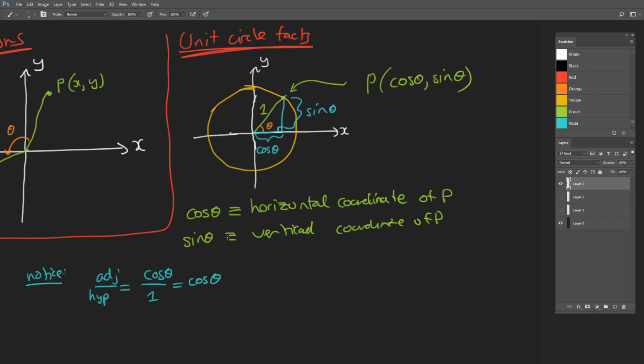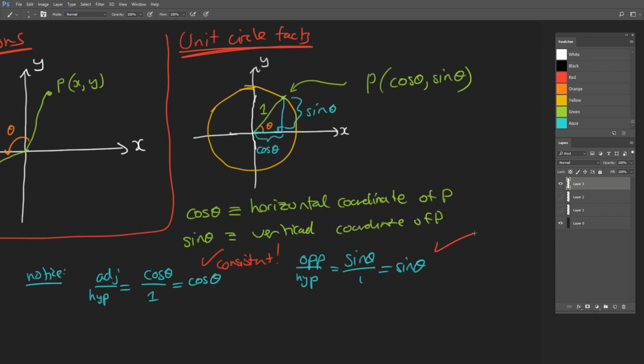But we all know that in a right angle triangle, cos theta is adjacent over hypotenuse, which means this is consistent with our triangle definition. Similarly, opposite over hypotenuse is going to be sine over 1, which is sine theta.